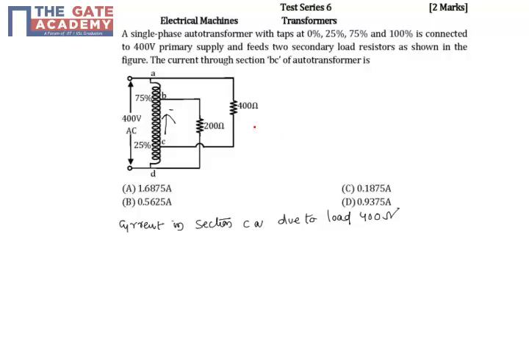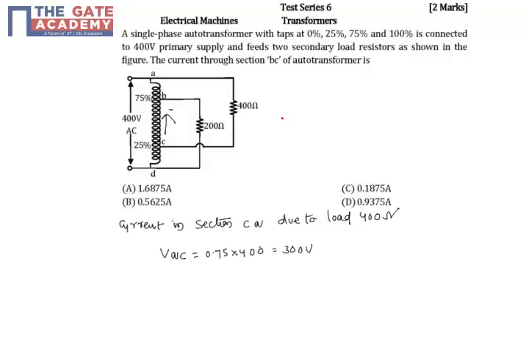So if you see this 400 volts, it was connected between 100% and 25%. So how much will this be? This will be 75% of the turns. So what is the voltage? The voltage VAC is equal to 0.75 times 400. So this is nothing but 300 volts.